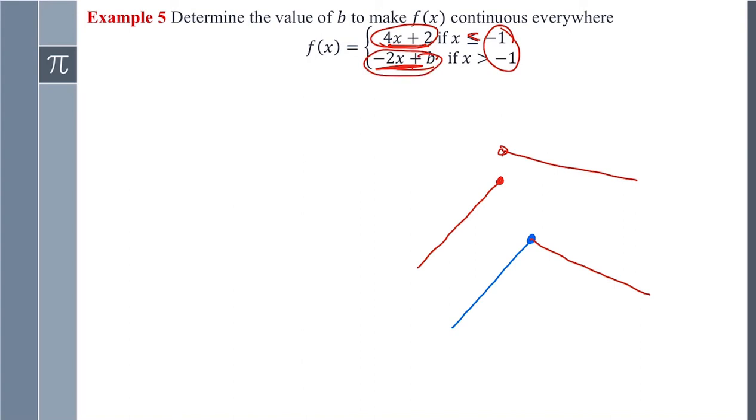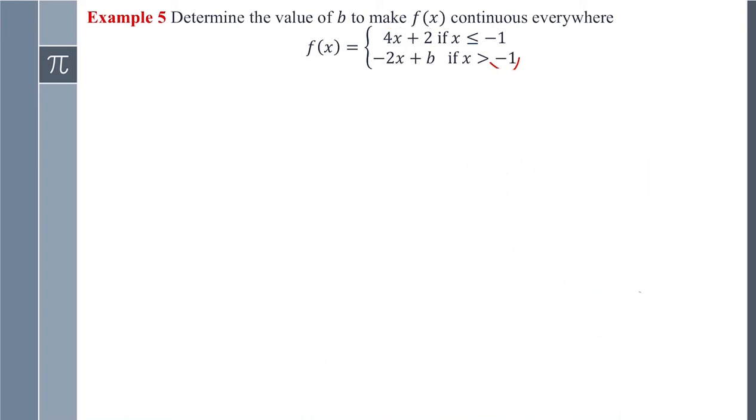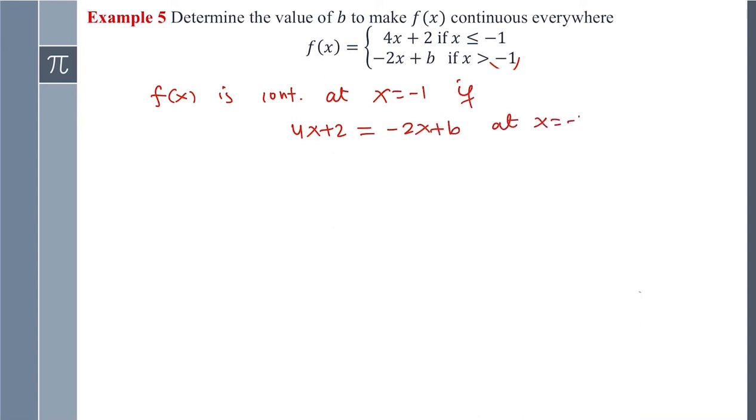Okay, so now we can write f of x. We already know it's continuous everywhere except at -1. So f of x is continuous at x equals -1 if 4x plus 2 equals -2x plus b at x equals -1.